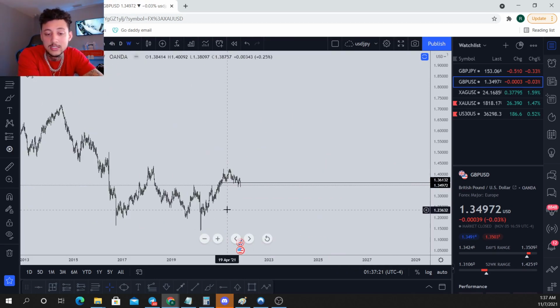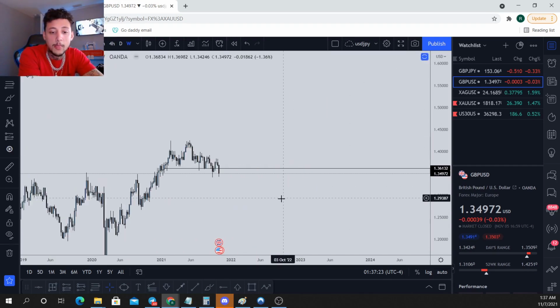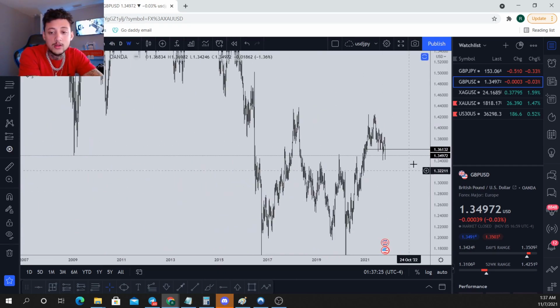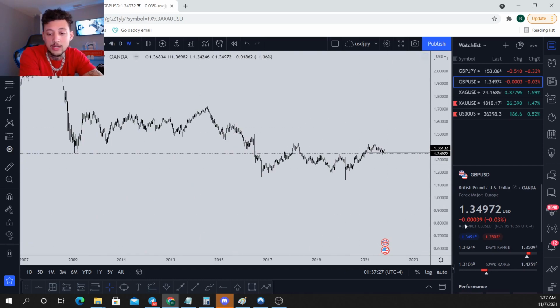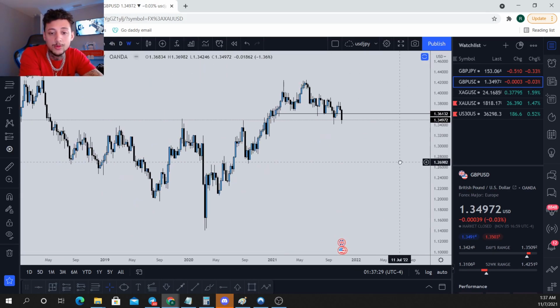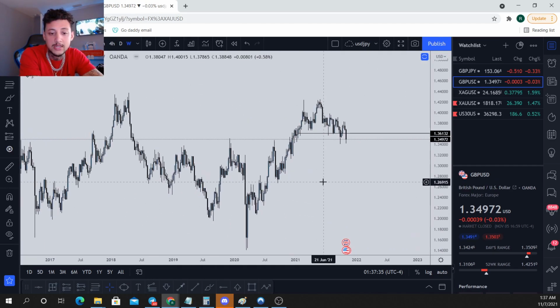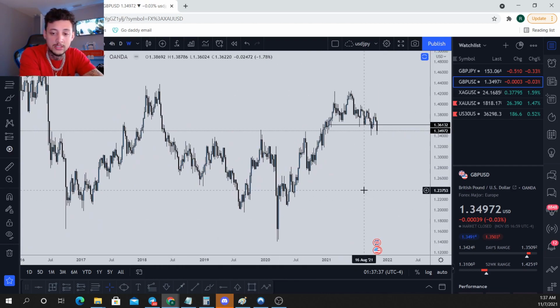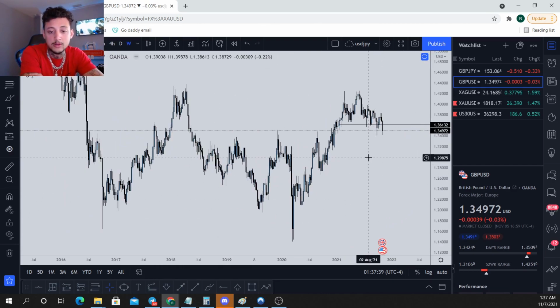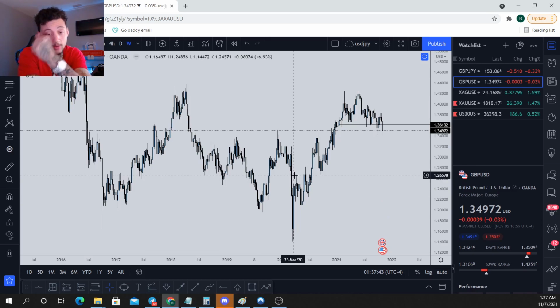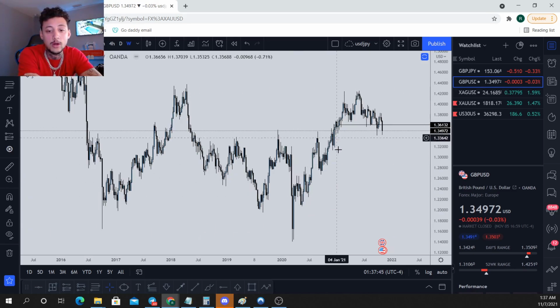Practically since 2009, 2007, right? But I don't want you guys to focus on the bigger picture like this when we're identifying the trend. When it comes down to the weekly time frame, you simply want to look at an area like this, really relative price. Now I want to argue that this is all relative price in terms of supply and demand and everything else. Typically, when it comes down to specific currency pairs, they're going to be bouncing around a certain price range.